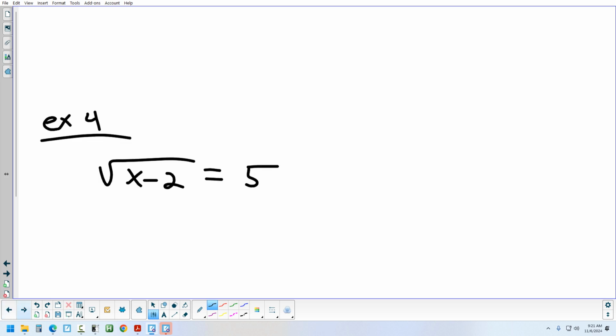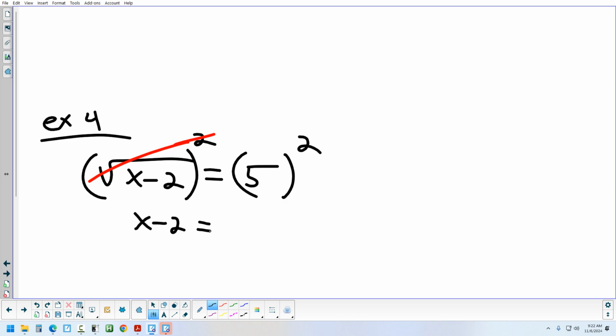What's the index on that root? 2. So we're going to raise each side to the power of 2. When you have a square and a square root, what happens with those two things? They cancel out. And what does that leave you with on the left side? X minus 2. And what does that leave you with on the right? 25. And now we just get x by itself.